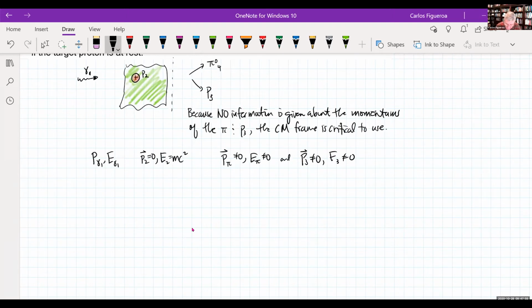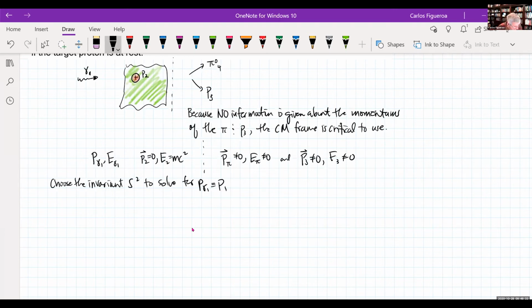So the issue, like we've already said before, is that because there's no information about the momentums of the pion and the proton, this is an unsolvable problem unless you use the S invariant. So then I choose the invariant S squared to solve for P gamma 1, which I'm now going to start writing as P1.